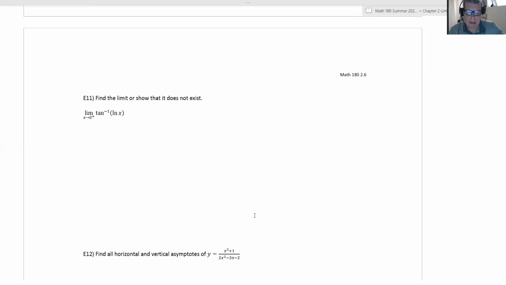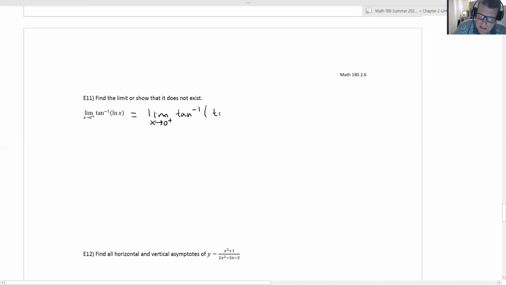Basically what we need to do here is this is a composition of functions.